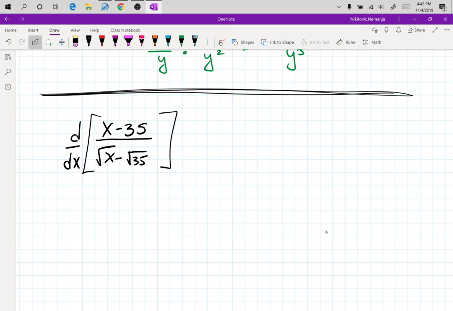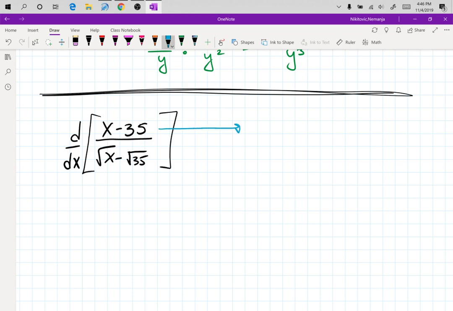One way would be to multiply by the conjugate of the denominator, which is root x plus root 35, and that would eventually eliminate the denominator. And for those of you that remember the trick all the way back in chapter 2 somewhere, I said, remember that you can factor anything.